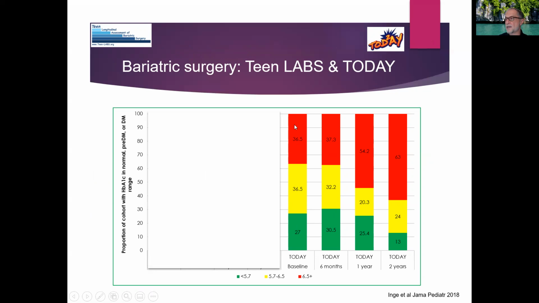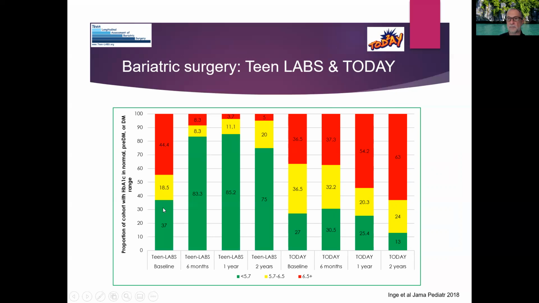And what we see is that over time, there's loss of glycemic control with fewer and fewer kids in the non-diabetic range and more with an A1C greater than 6.5%. Whereas in a matched group of kids having bariatric surgery, what we see is something quite different.